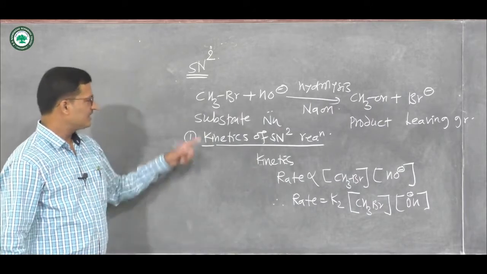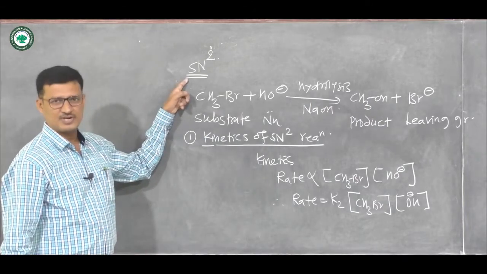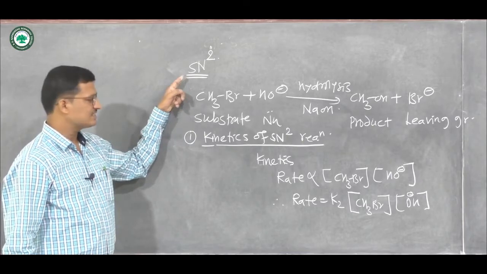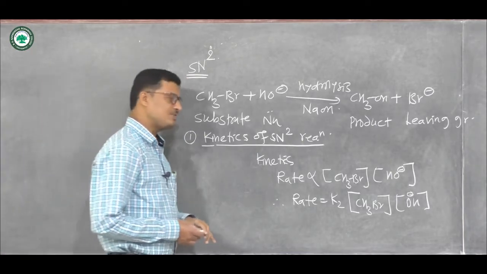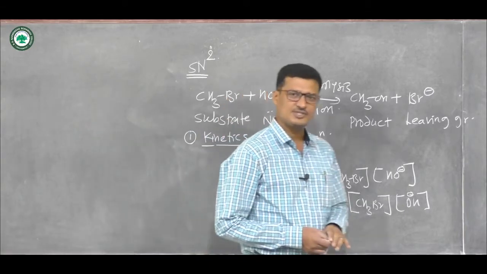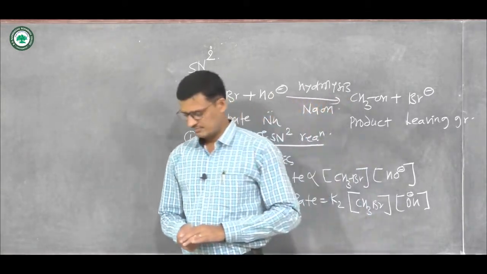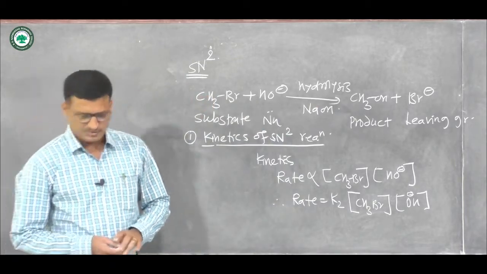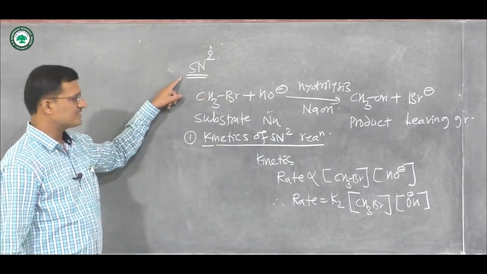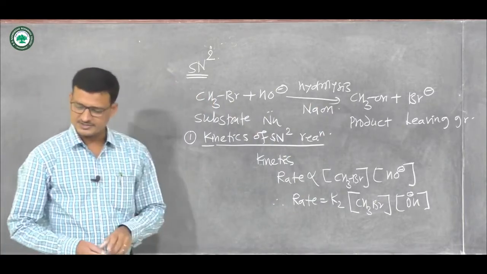That's why the Sn2 reaction is a bimolecular reaction with second order kinetics. The rate of reaction depends upon two molecules: the first is methyl bromide and the second is OH minus, which is the nucleophile.